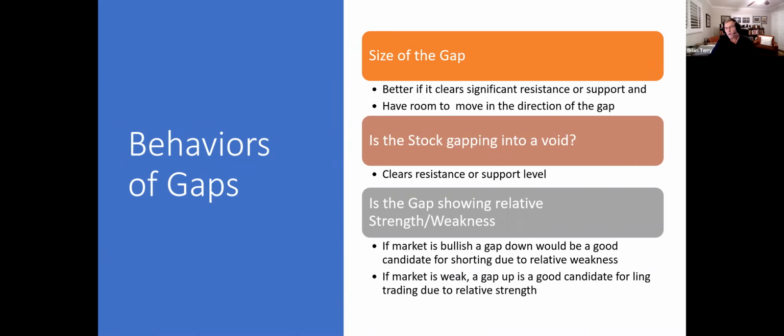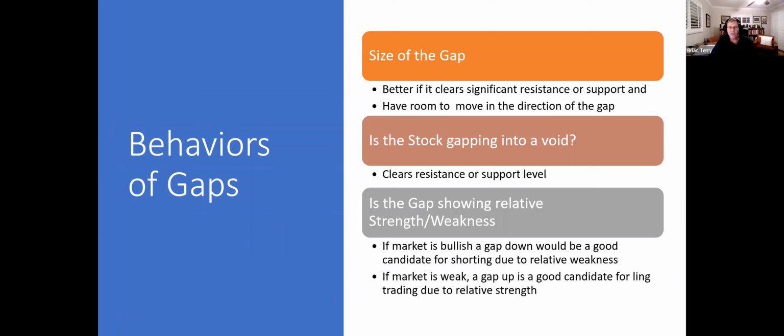So we would short the gap because it's weak compared to the general market. And if the market is weak, a gap up would be a good candidate for a long trade. So you want to look at what the overall market is in addition to the gap.